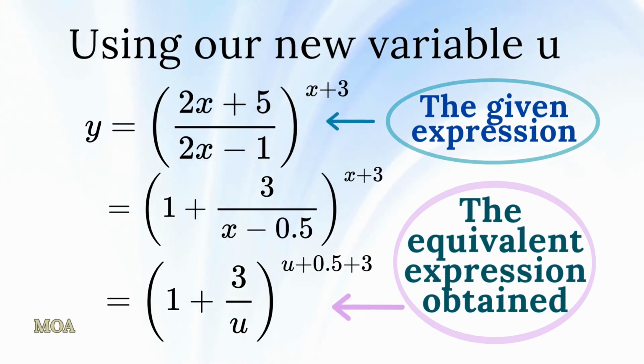Recall that y is ((2x + 5) / (2x - 1)) all raised to the power x + 3. We've already shown this is equal to (1 + 3/(x - 0.5)) all raised to the power x + 3.